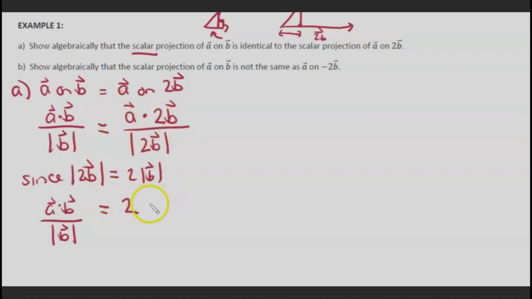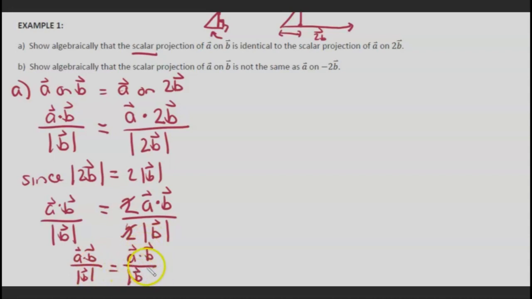So I'm going to pull out this 2, and we still have a dot b, over, pulling out this 2 in front of the magnitude, the magnitude of vector b, and those two 2's cancel out. So now we have vector A dot vector B over the magnitude of vector B, equals the same thing. So that constant in the equation for the scalar projection ends up canceling out.